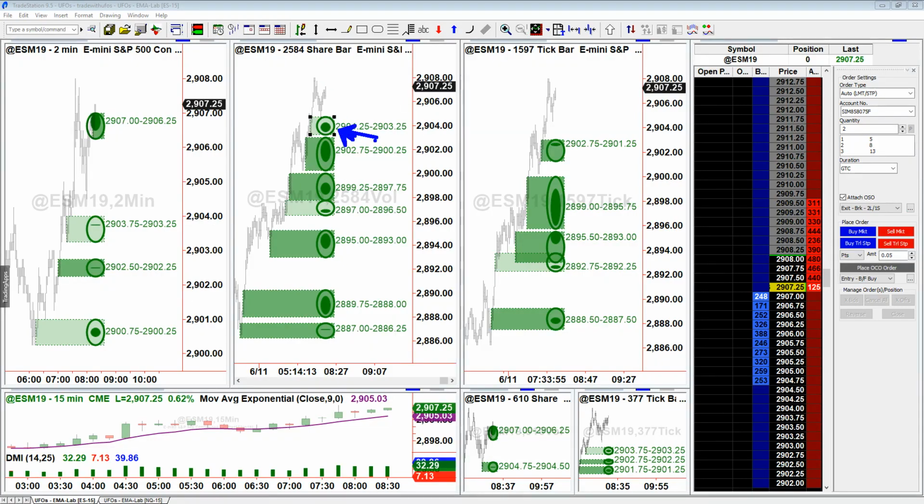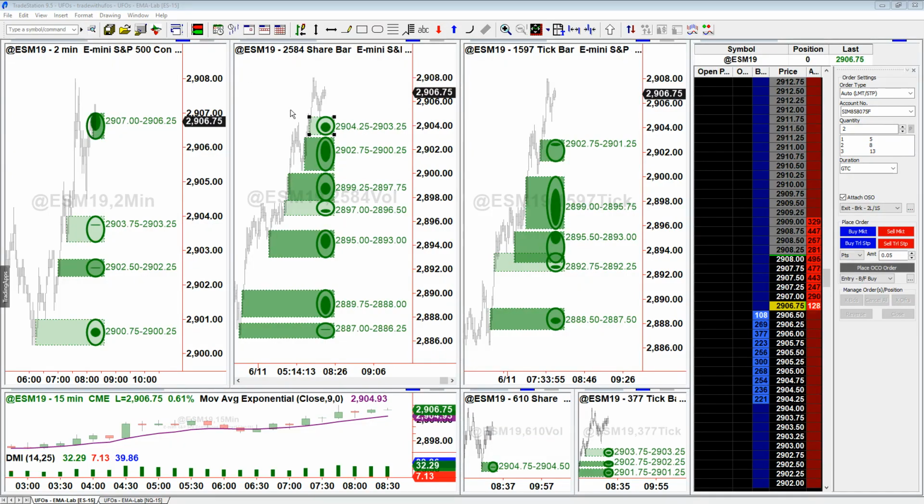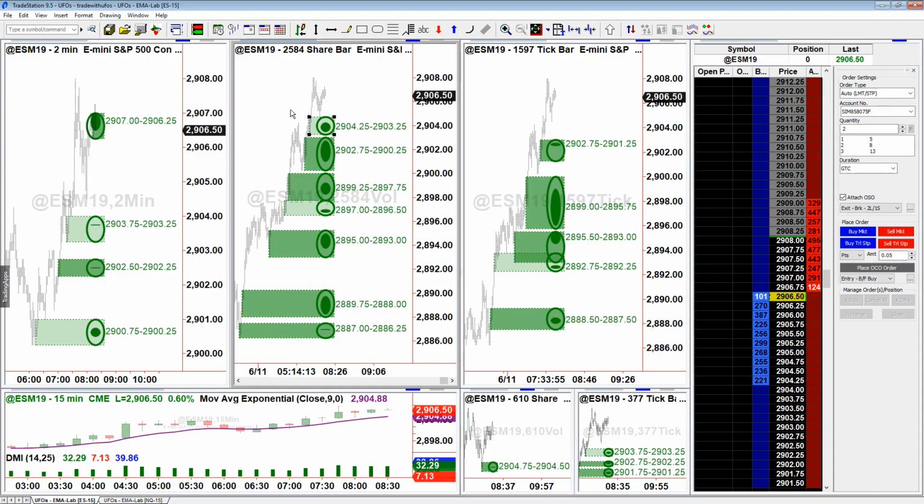But what I'm not happy about is where my stop would be, if I was to use a stop, which I should. We always use stops. Why? Because all those 4 UFOs are basically overlapping each other or almost overlapping each other.